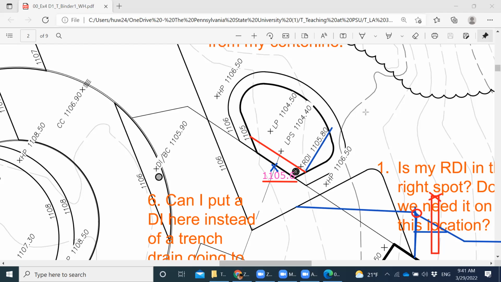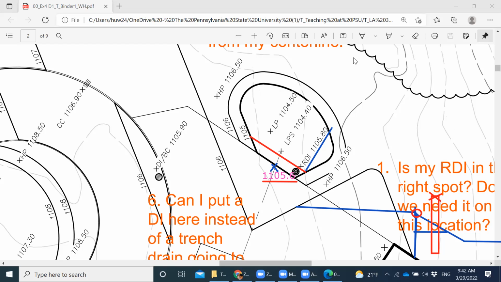Your 1106 actually would not hit the edge of the pavement here, because all the edge here is lower than 1106, right? So your 1106 would not hit it here, and instead it will go around, unless we're not creating a berm here.